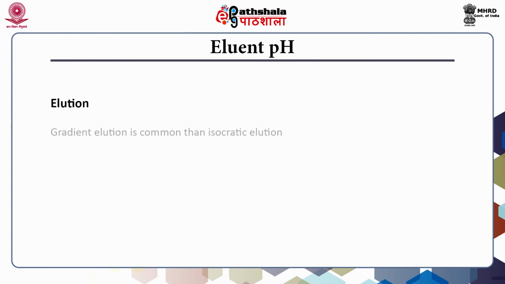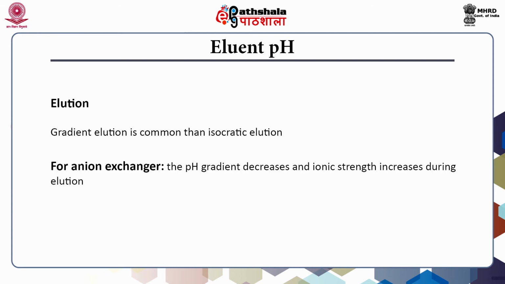Gradient elution is more common in ion exchange chromatography than isocratic elution. For anionic exchanger, the pH gradient has to be decreased and ionic strength has to be increased. When the pH is decreased, the H plus ion concentration increases, and the proteins will be more in the cationic state rather than the anionic state.